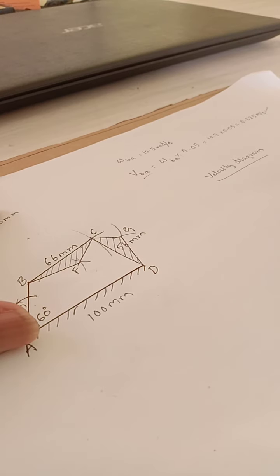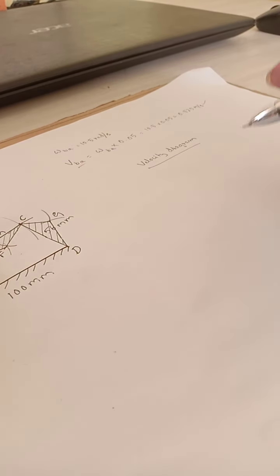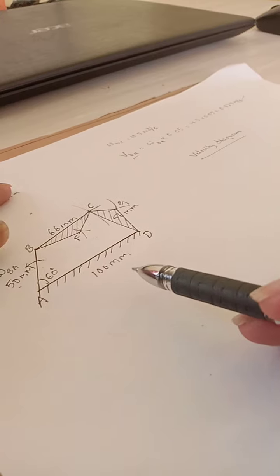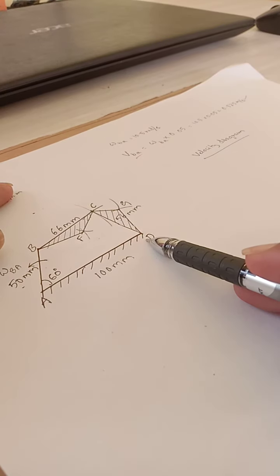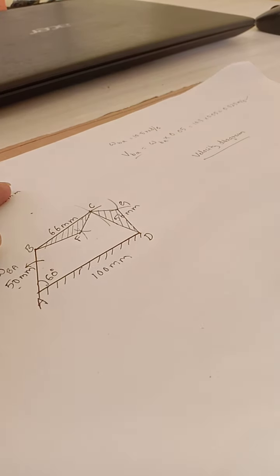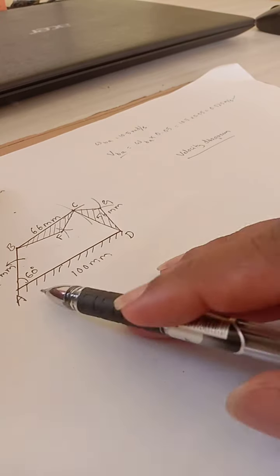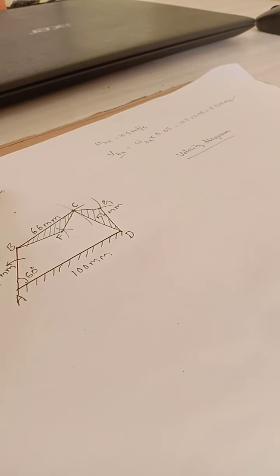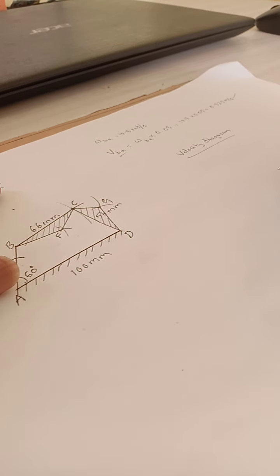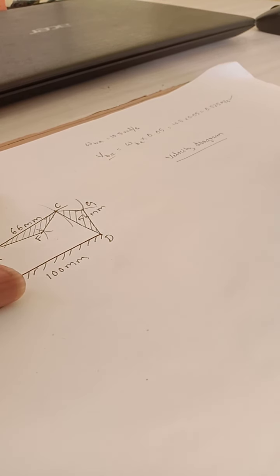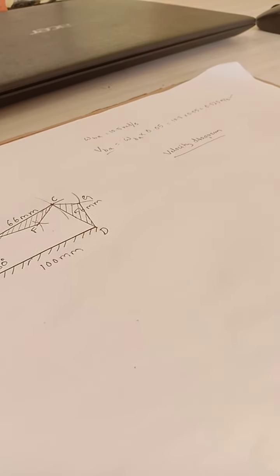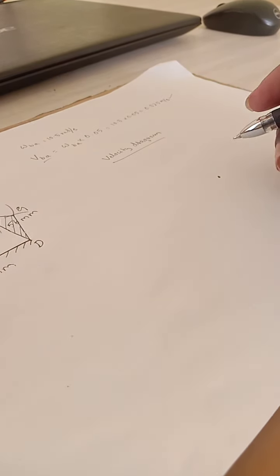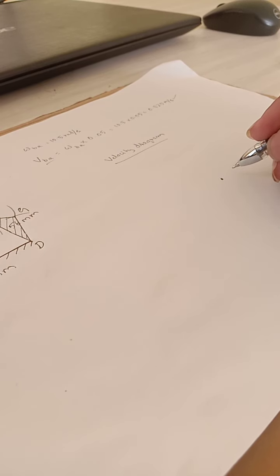For that, what is the first thing I am going to do? A and D are fixed points. Since it is a fixed link, they will coincide with one another. So I just mark any arbitrary point as A, D.